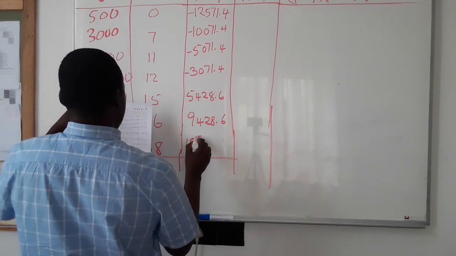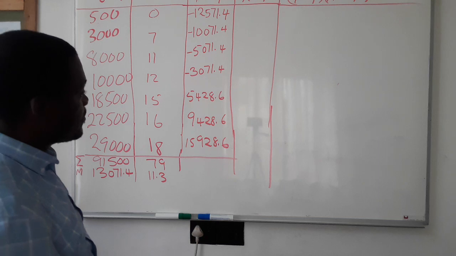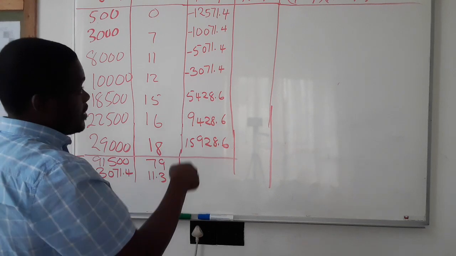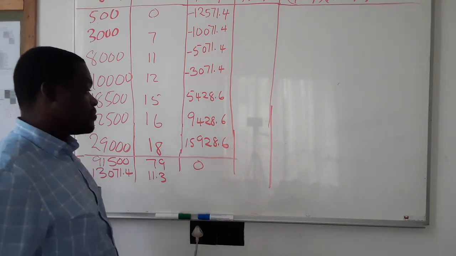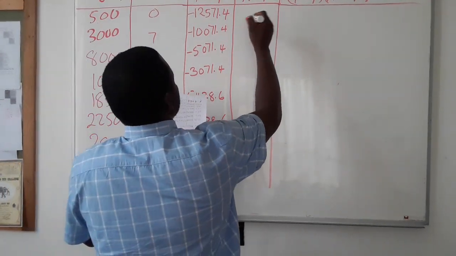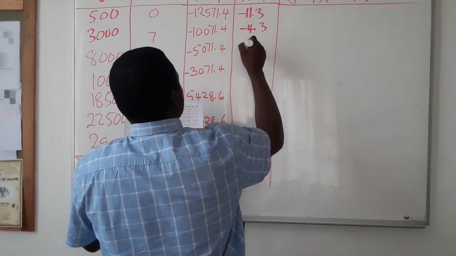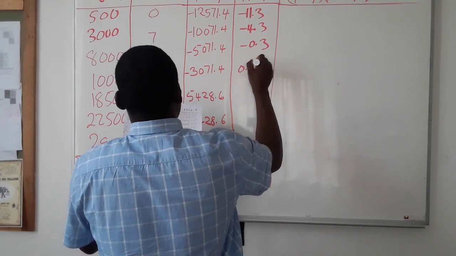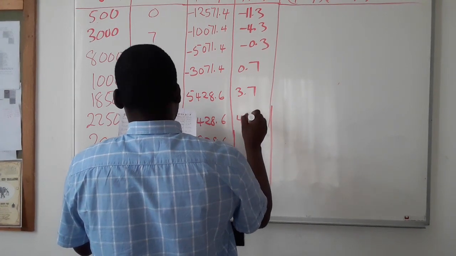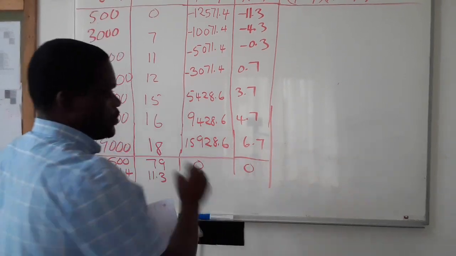We have 15,928.6. Now, if you add all these numbers here, you should get 0. Now, let's do the same for x. You have minus 11.3, minus 4.3, minus 0.3, 0.7, 3.7, 4.7, 6.7. If you add these numbers, you should get 0.